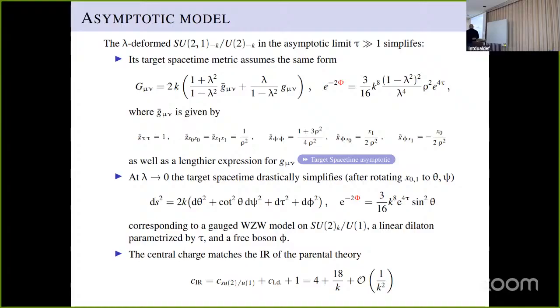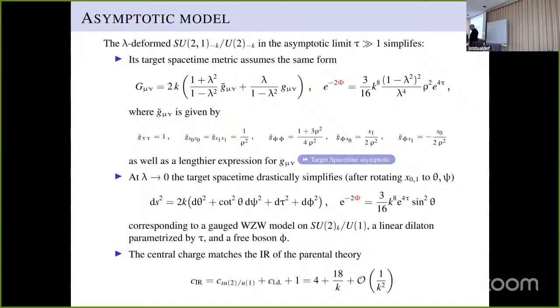And if we take lambda goes to 0, the spacetime drastically simplifies after rotating x0 and x1 to theta and phi, and takes the form of a cosine shifty on SU2 times U over U1 times a scalar phi times a linear dilaton.